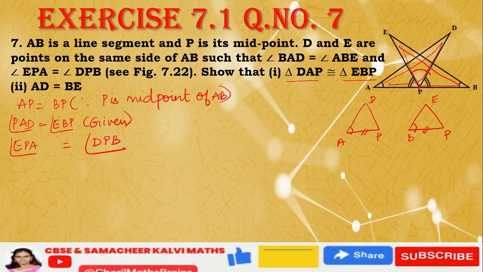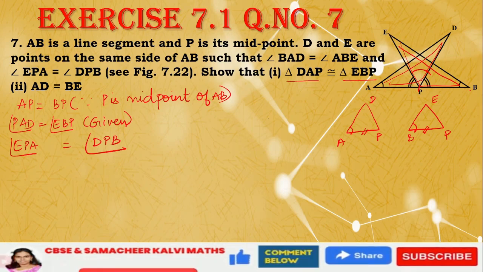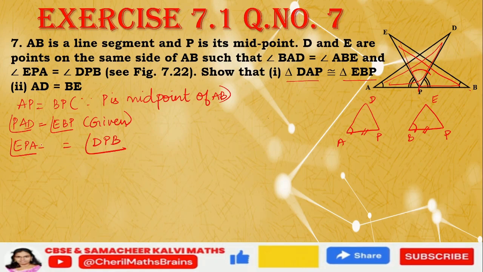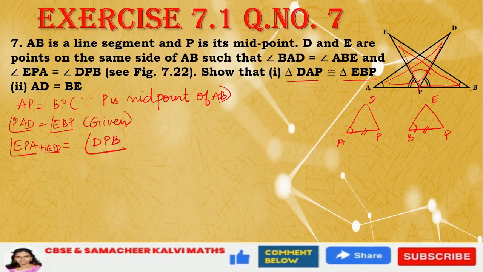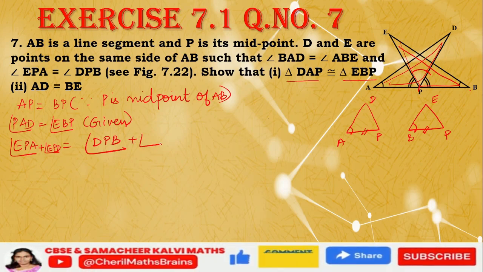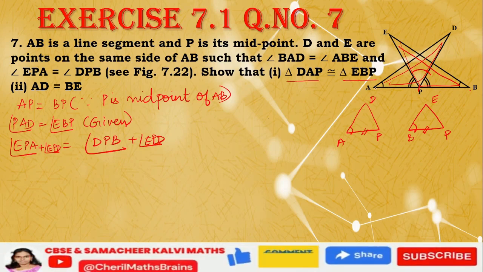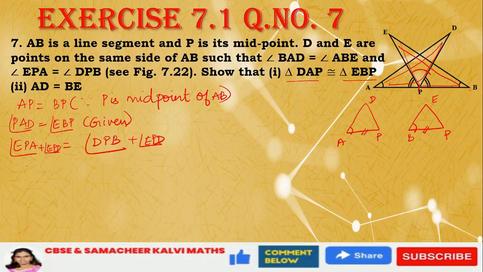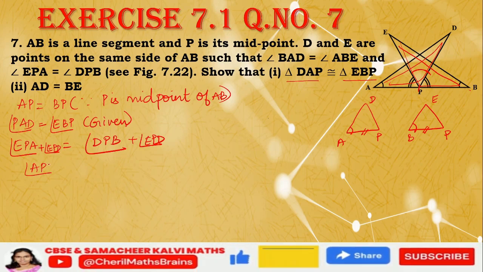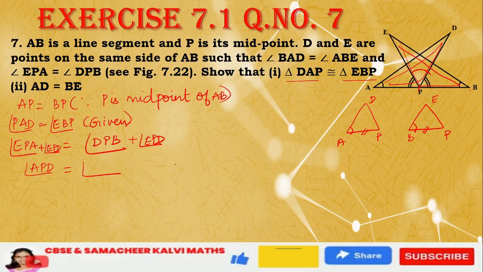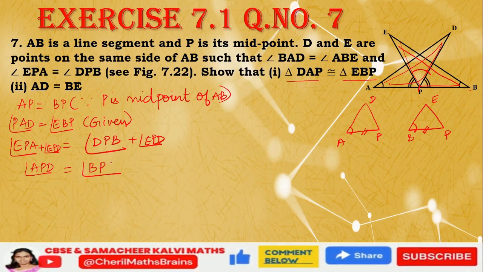Along with this EPA, if I add EPD, and likewise here also if I add EPD, what will we get? You will get this as angle APD and this as angle BPE. So let me mark it here: APD is equal to angle BPE.